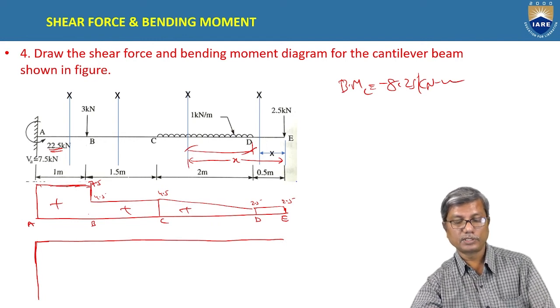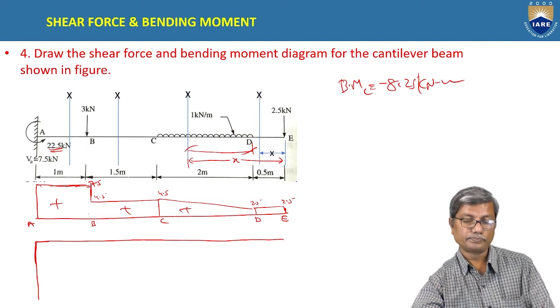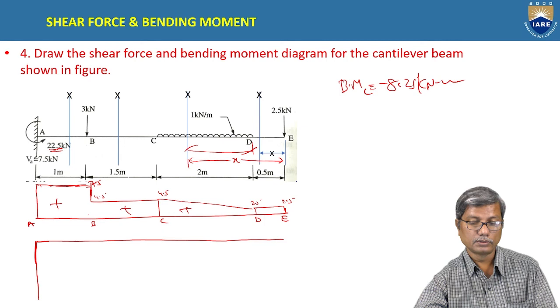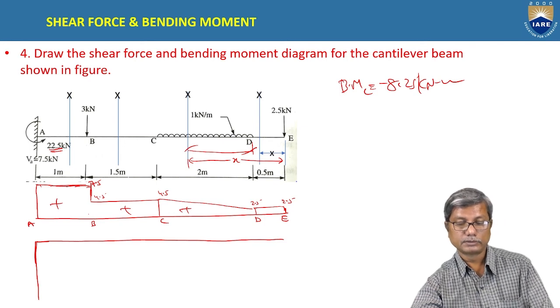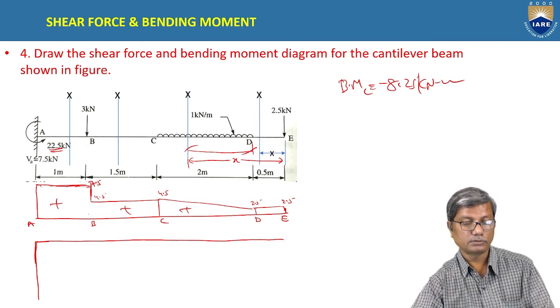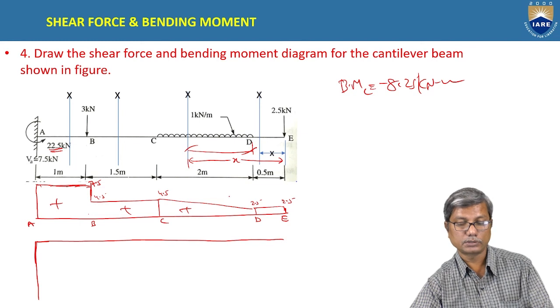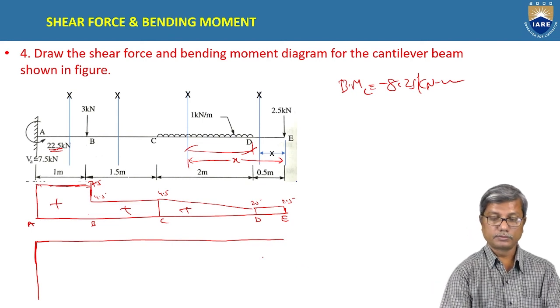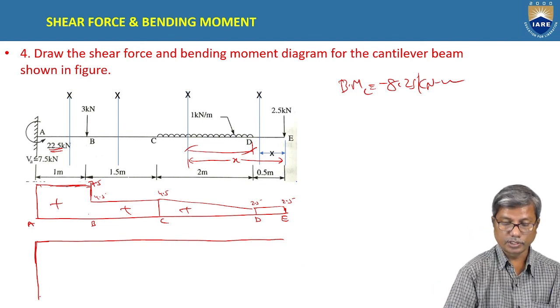And 2.5 into 4 is 10. Sorry, it is 5. 2.5 into 5 is 12.5. So the total is 22.5.